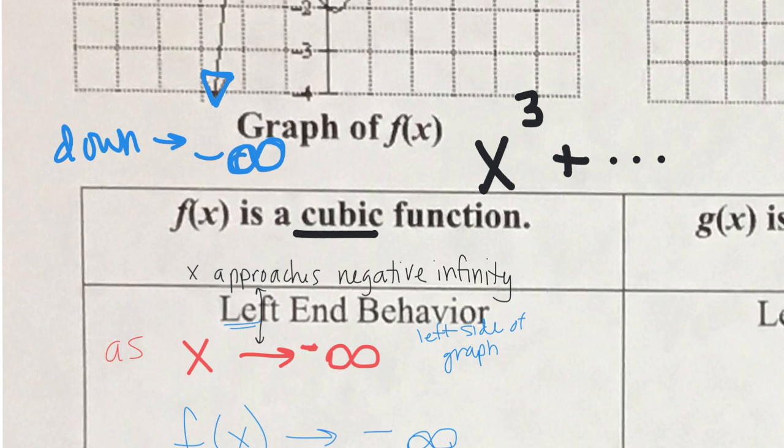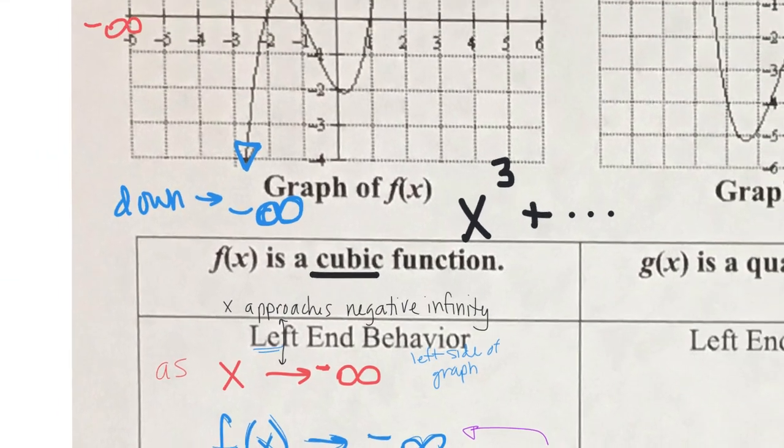So our graph arrow points down. It's important to understand what these symbols are talking about. On the left side of the graph, the y values are going down. They're getting larger but negative. Larger negatives on the left side of the graph.